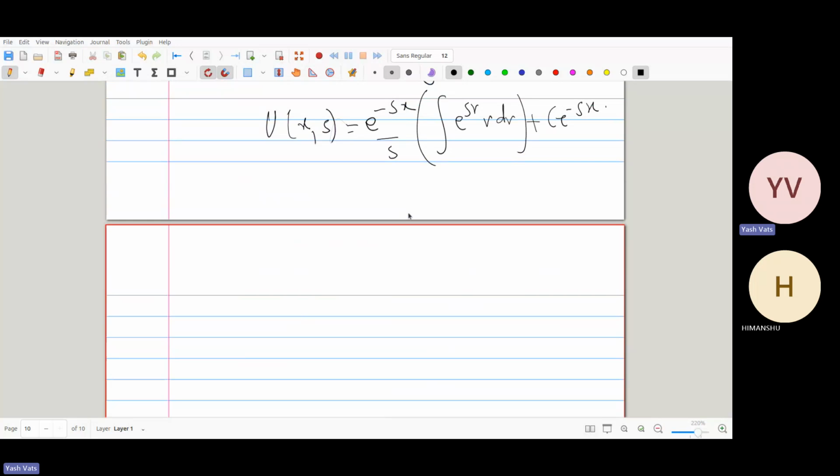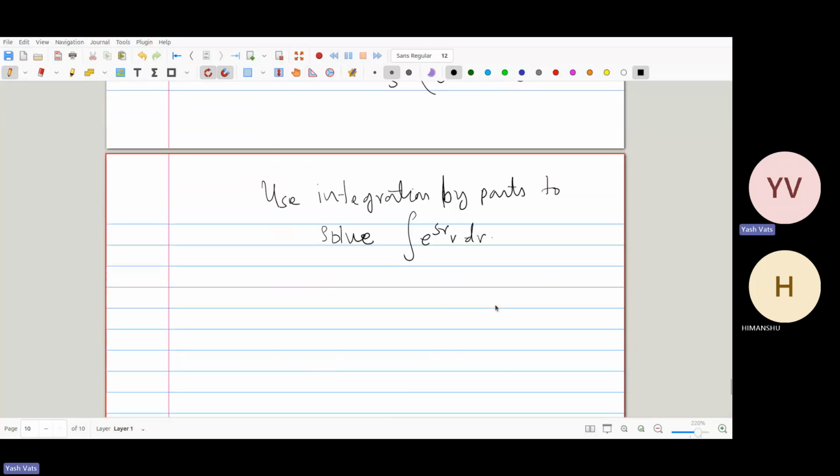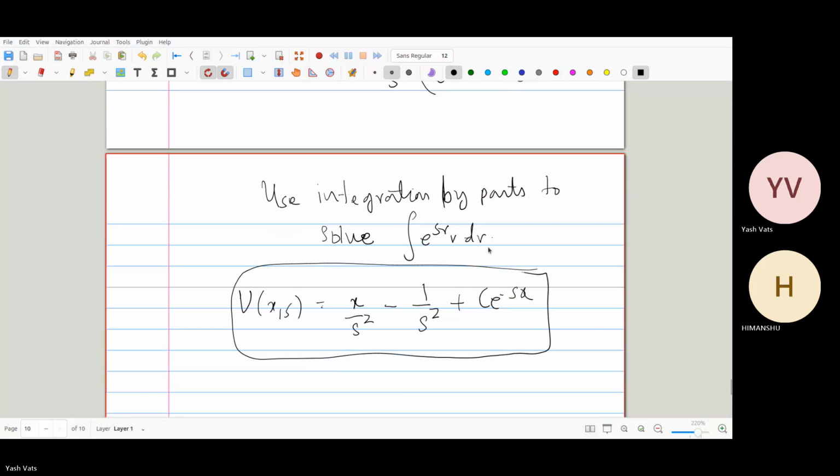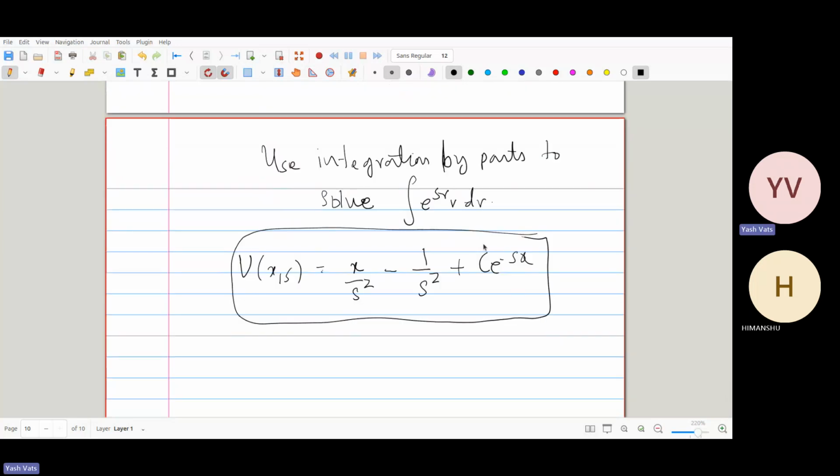Okay, so you can use integration by parts to solve this integration. And then you find that U(x,s) is something like this. Ultimately, like I'm writing the final solution, you can find it. And then you can evaluate C using boundary conditions.